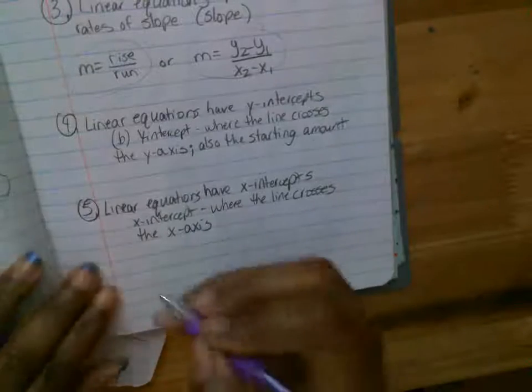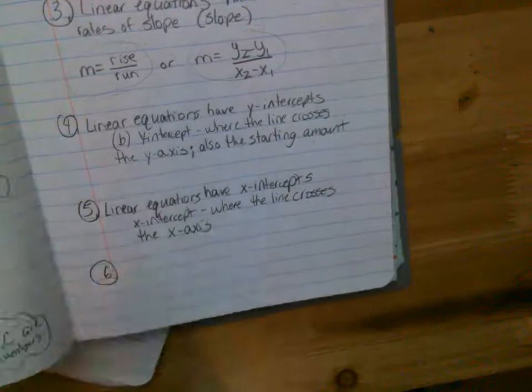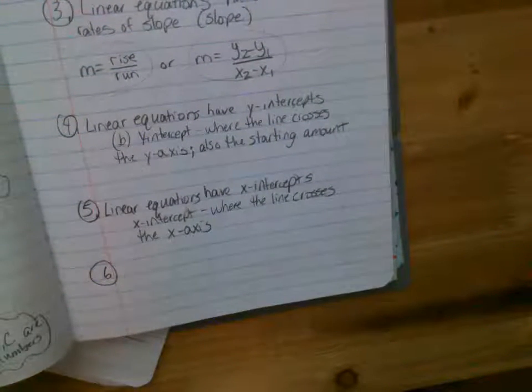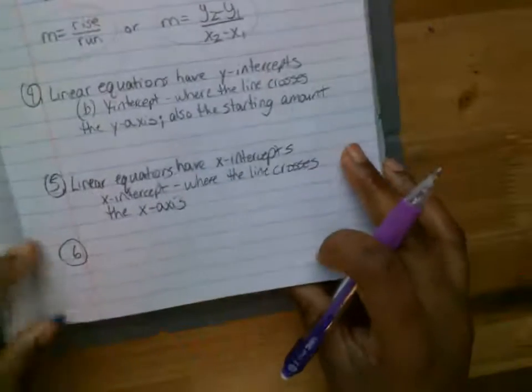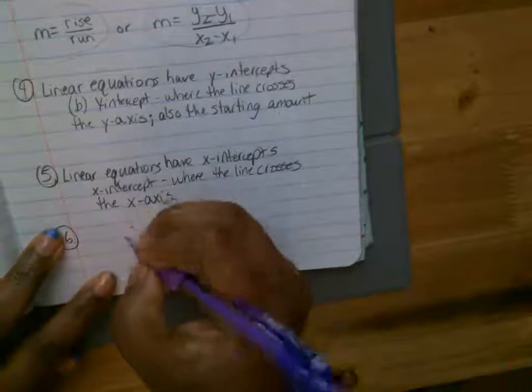Okay, so now the sixth thing that we need to know about linear functions is the meaning of x and y.